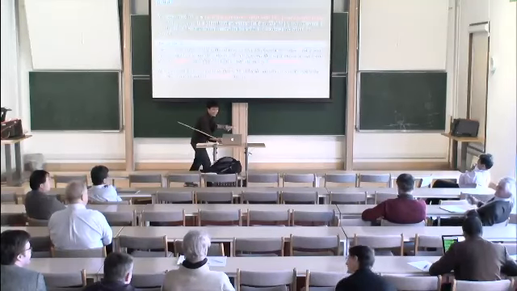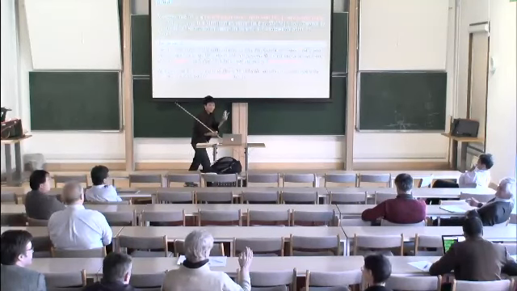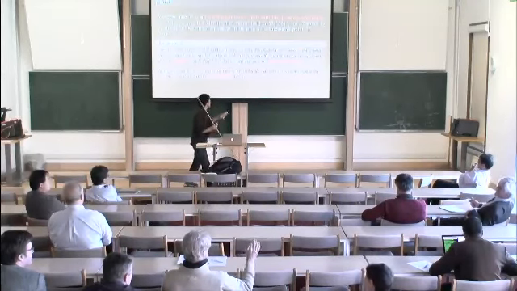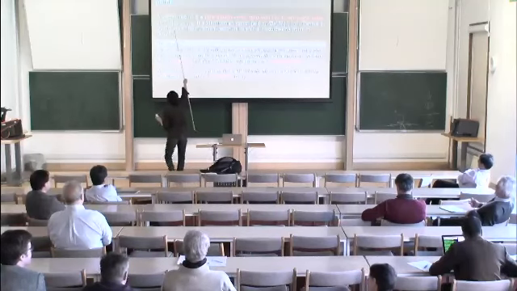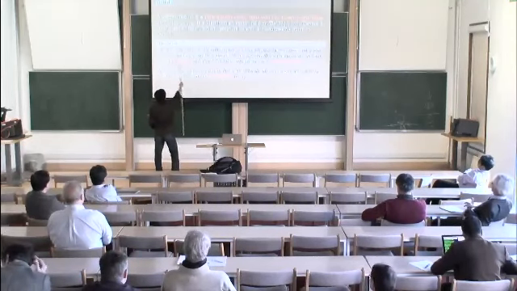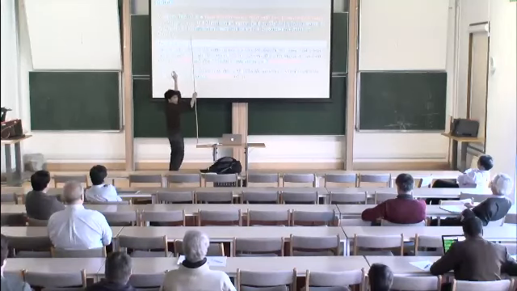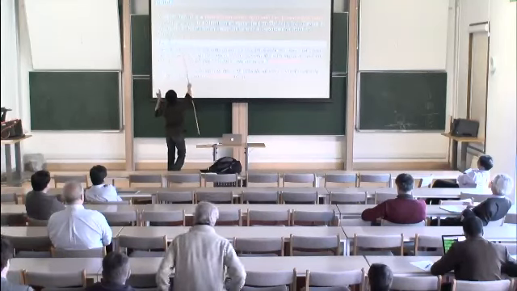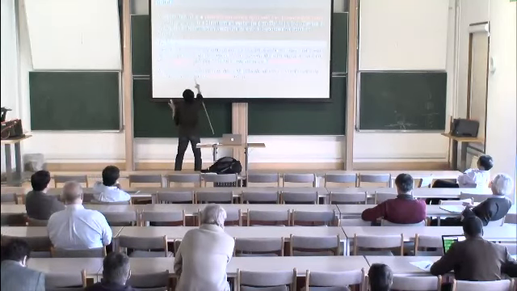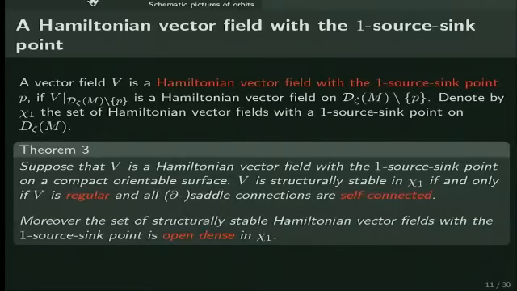Structurally stable is always an open condition, so everything nearby looks the same. But this set is not open in the Hamiltonian vector fields. It is a very restricted, small subset. But in this set, rho is structurally stable in chi 1.